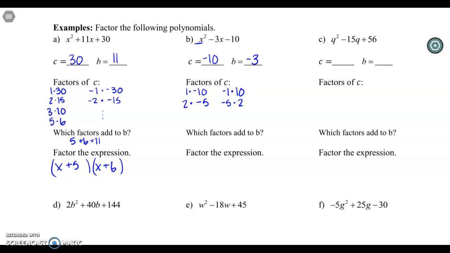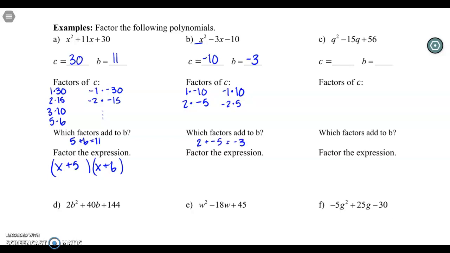And I'm looking for which pair of numbers do I add up to get -3? And I notice that if I take, I just realized I wrote the exact same thing twice. This one should be -2 times 5. Okay. So I'm looking for a pair of numbers of this list that add up to -3. And I notice that if I do 2 plus -5, that'll get me -3.